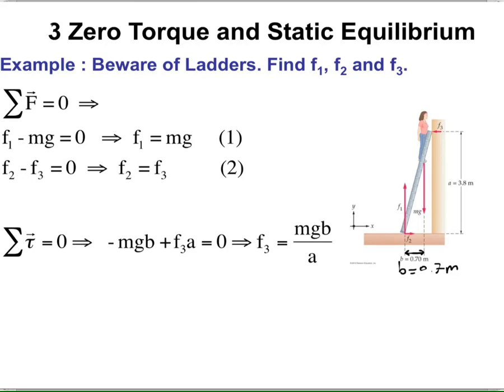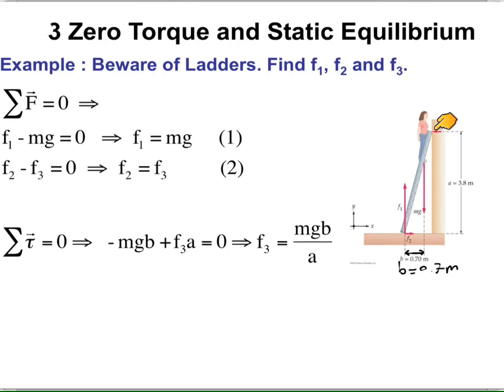So think in which way this mg will rotate the ladder, counterclockwise or clockwise. If it rotates in the clockwise direction, we always take clockwise rotation as minus, so that's why we have to put a minus sign in here. So mg times b is the torque by the weight of the lady on the ladder at this contact point.